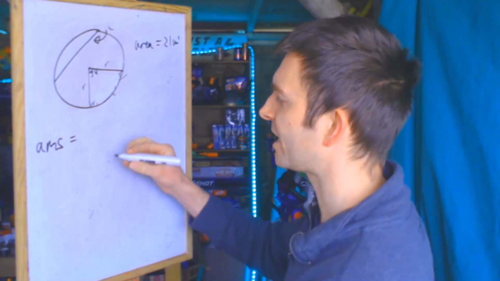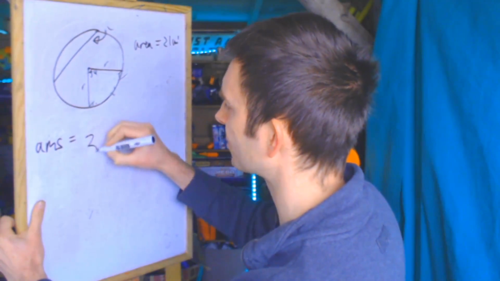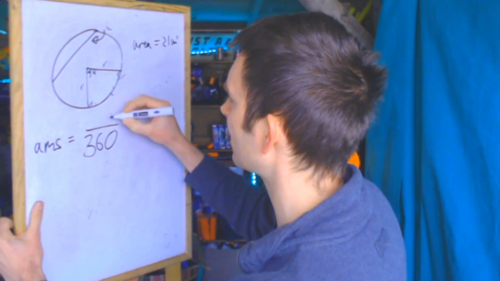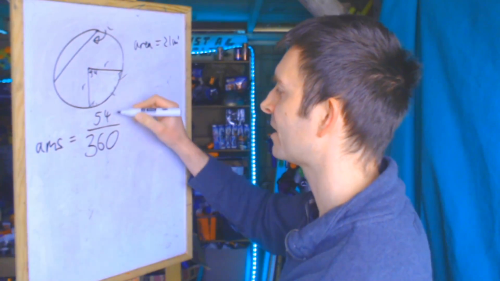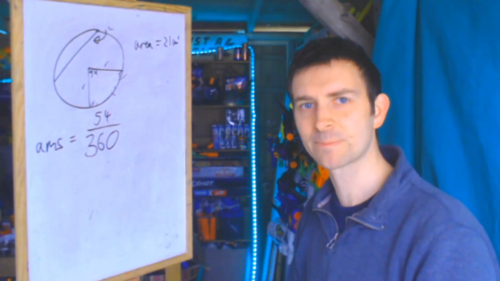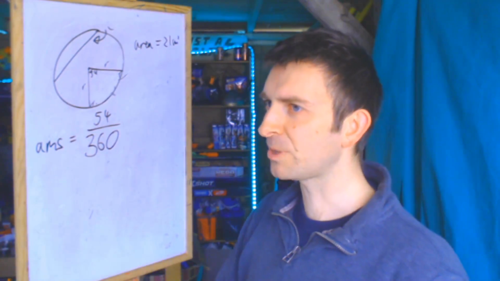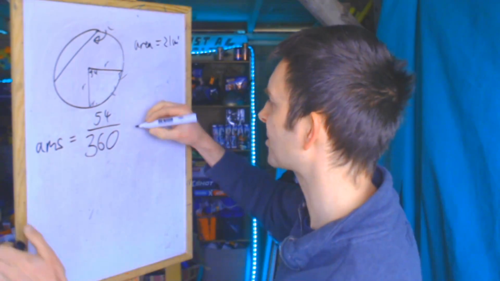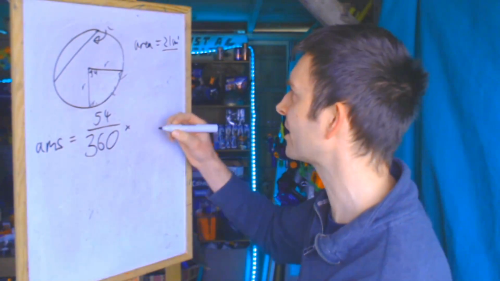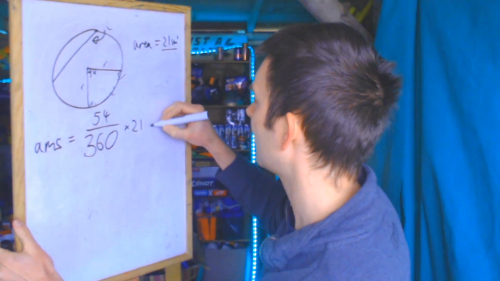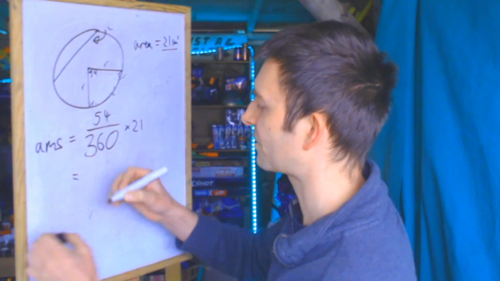So how are we going to find that proportion? Well, we have 360 degrees in a circle, and 54 degrees in x right here, divided by 360 is going to give us that proportion. And if we multiply the whole area of the circle by that, that should give us our answer. So we already know what the area is. We haven't got to calculate it. So times 21, and that should give us our answer.